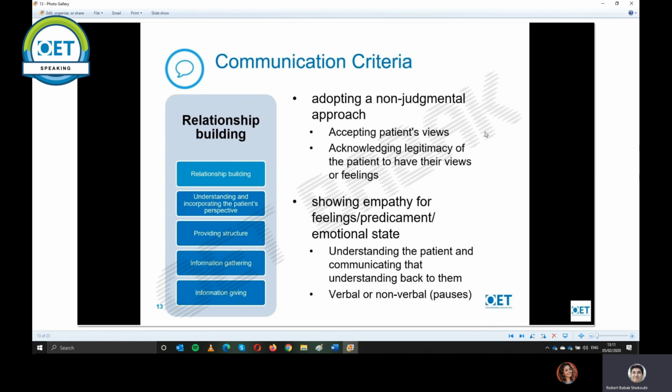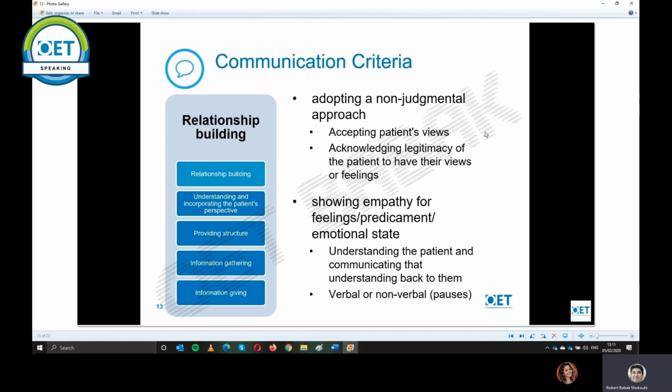Okay? Yes, I know. Showing empathy for feelings, predicament, emotional states. Now, showing empathy means you show that you understand them and you say that. Okay, so showing empathy has two parts. Basically, understanding the patient and communicating that understanding back to them.